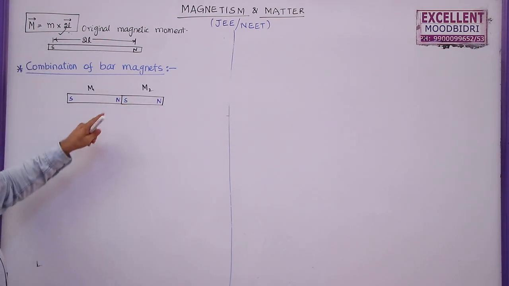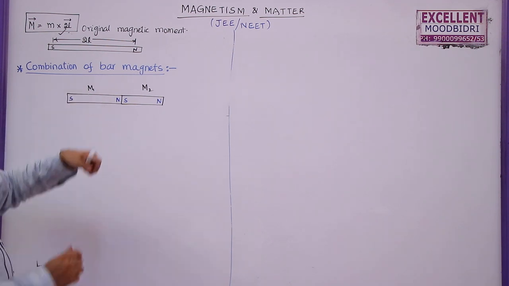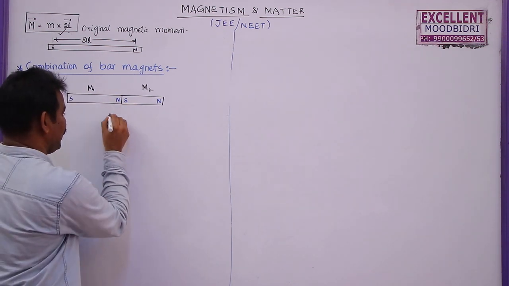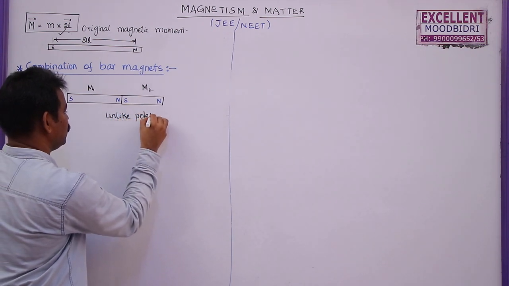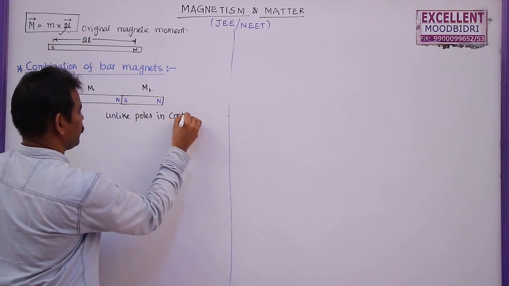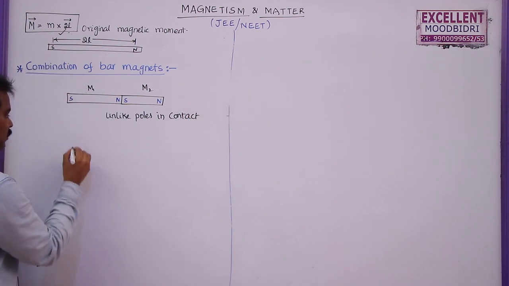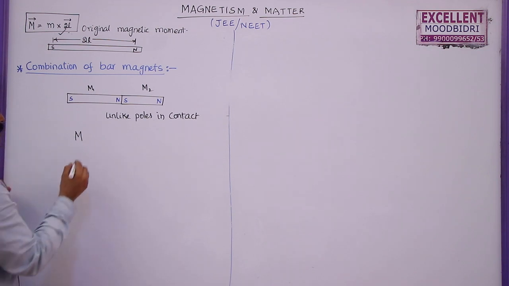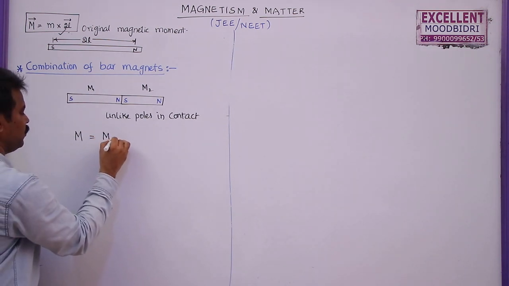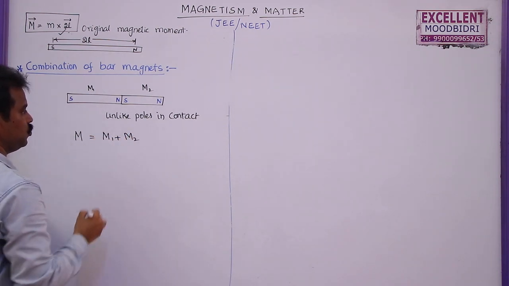When two magnets are arranged along a straight line such that unlike poles are in contact, then the resultant magnetic moment of this combination of the bar magnets is given by M1 plus M2. Why?